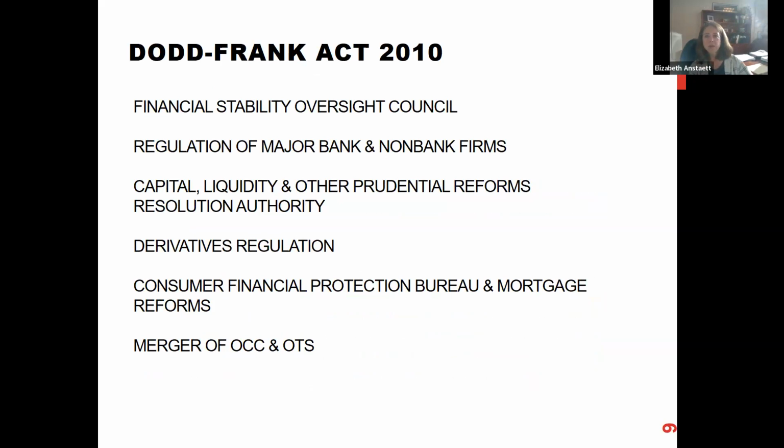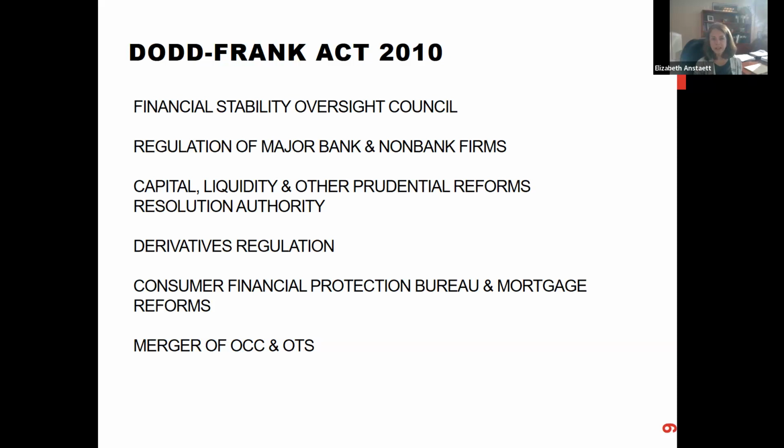The Dodd-Frank Act was enacted after the financial crisis of 2008. And it was a result of, I suppose, a lot of things, but one of the common thoughts was there was no one looking over these big companies and looking at the whole picture, and really no one looking over the whole economy.